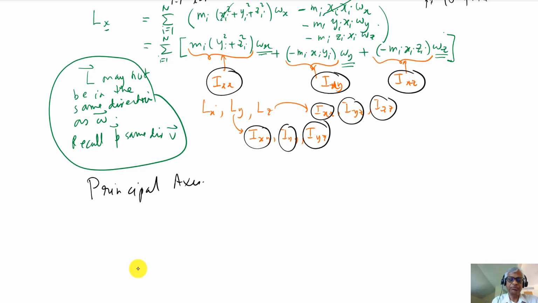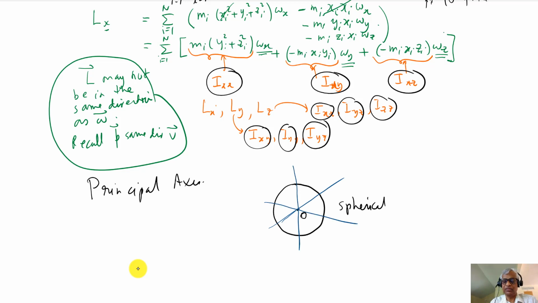In situations like, say, you have a spherical ball, and the axes are taken to be through the center, then no matter how you rotate about this, any axis direction is the same. So in this case, you take x, y, and z axes.